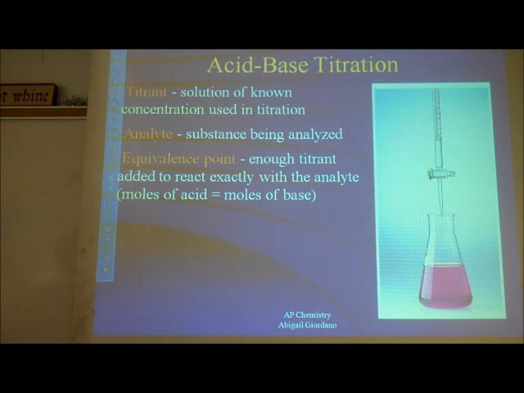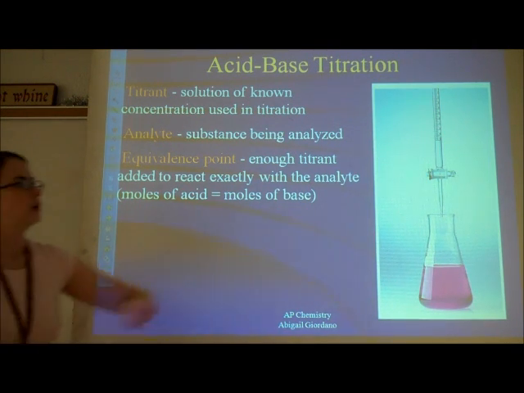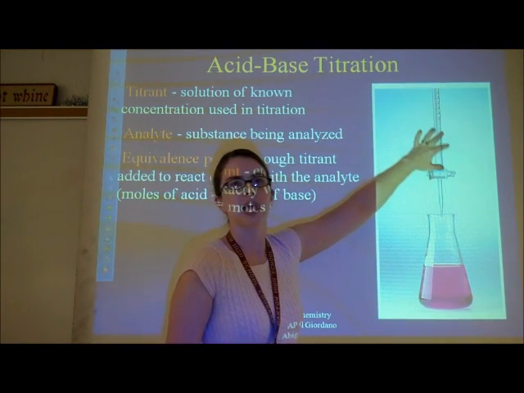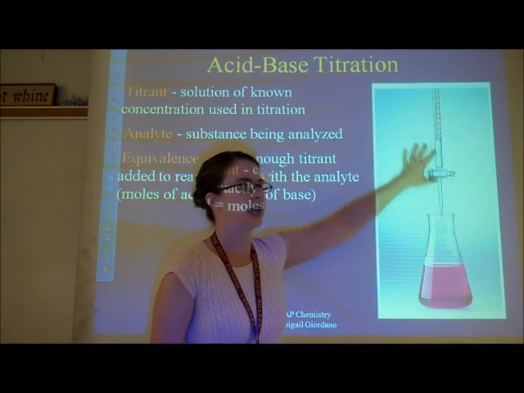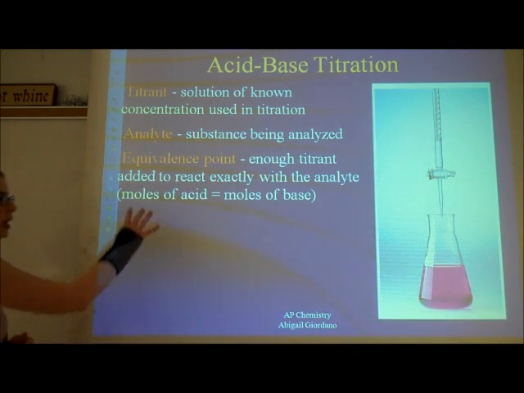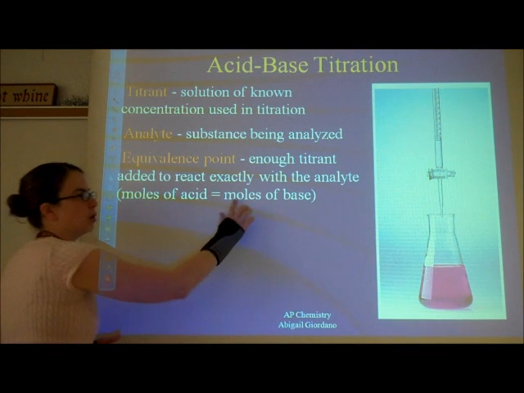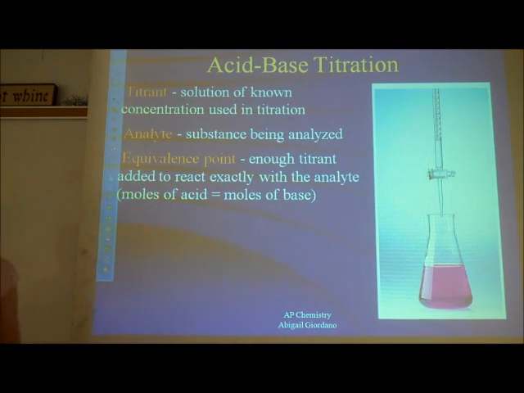I will have reached the equivalence point when I've opened the valve here and let into the flask an amount of acid that is equal to the amount of base that was already in there. That's called the equivalence point.